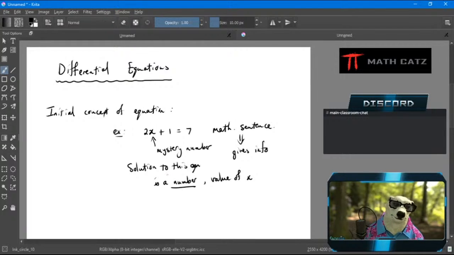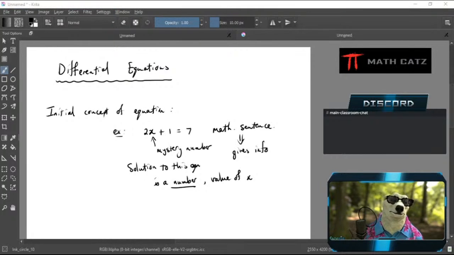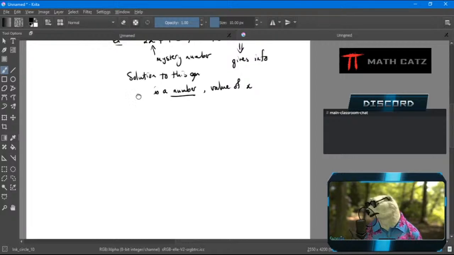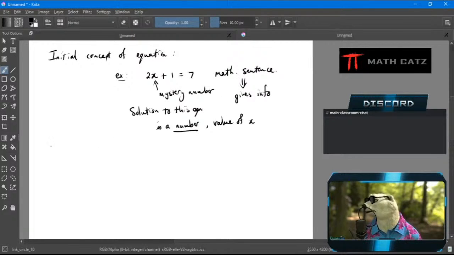So that is what we think of when we think of an equation. However, it's not complete. There are other kinds of equations. So let's see here, a new kind of equation. And I'm going to give an example.